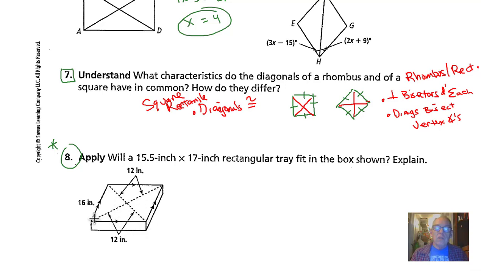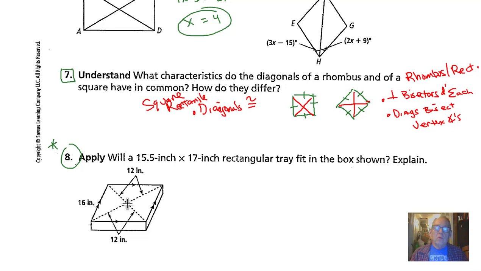They're showing us that this is a square because this is a 12, this is a 12, this is a 12, this is a 12. So the diagonals are congruent to each other, so it's a rectangle.